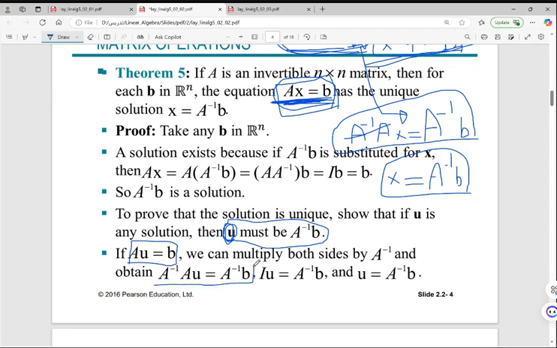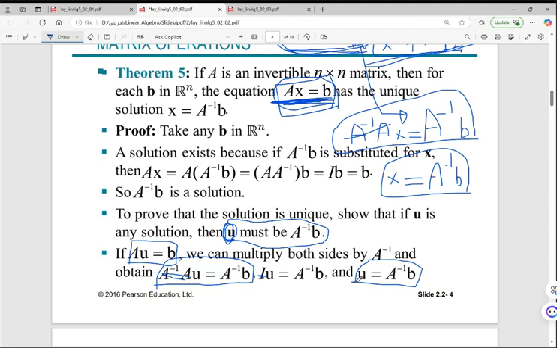A minus 1 AU equals A minus 1 B, and A minus 1 A equals I, which is eliminated, and we will have U equals A minus 1 B. So any other solution like U will eventually be equal to A minus 1 B. Right? So A minus 1 B is the unique solution.